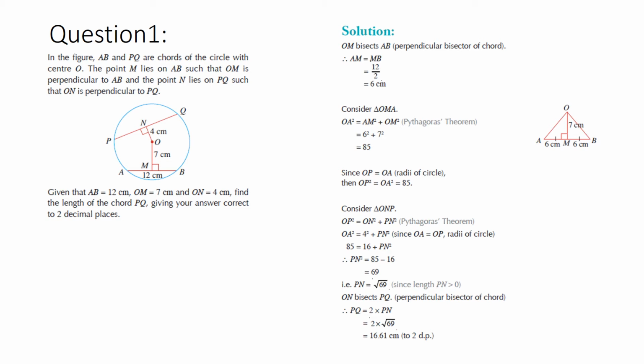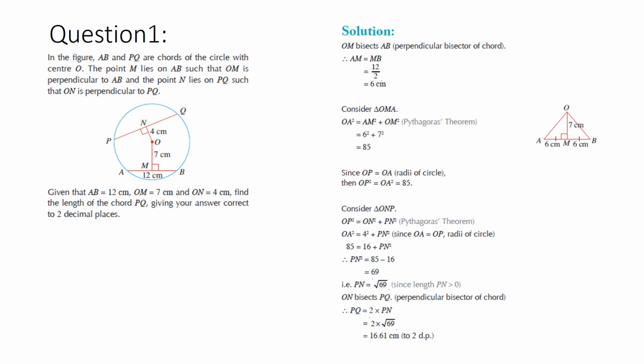hypotenuse square will be equals to base square plus perpendicular square, that is OA square will be equals to AM square plus OM square. Substituting the values of AM and OM in it, we will have OA square will be equals to 6 square plus 7 square, that is 85.